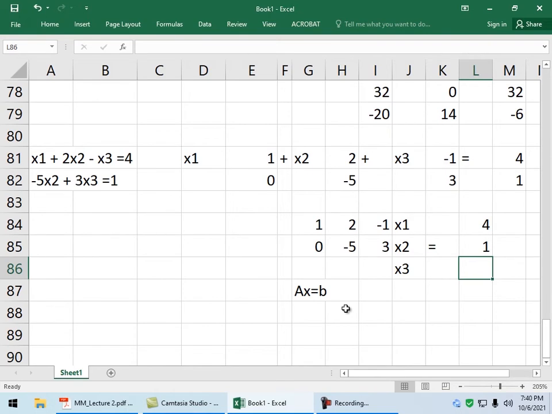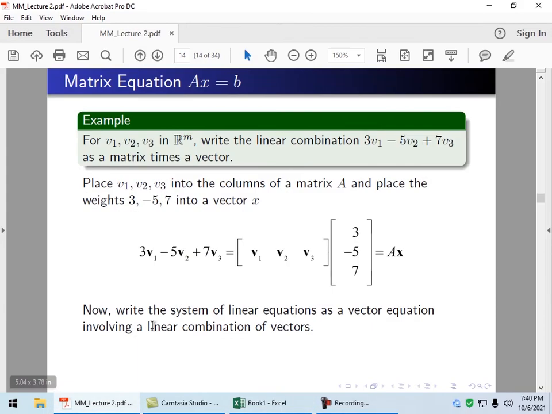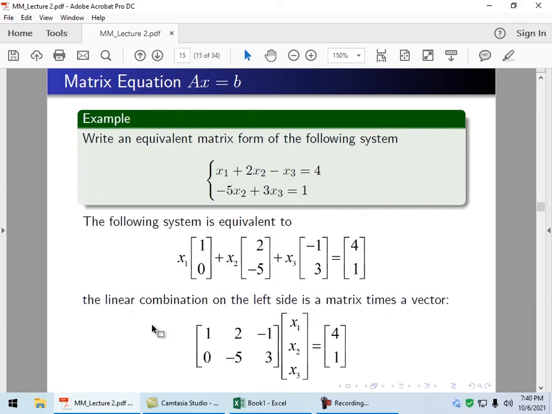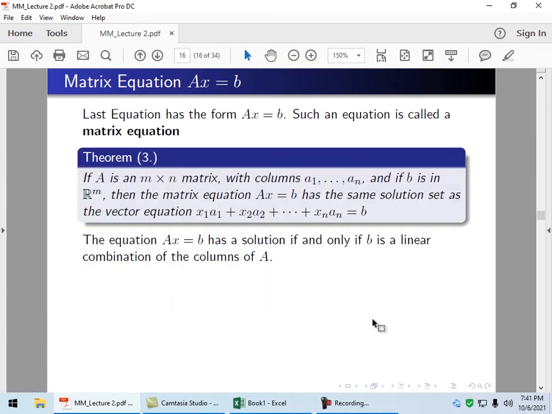Why is this result important? Here's the theorem. So this is our result for this example, and this result, the matrix equation, is important. We have the theorem: if A is an m times n matrix with columns a1, ..., an, and if B is in R^m, so keep in mind that m here and the number of rows should be the same, then the matrix equation Ax equals B has the same solution set as the vector equation.